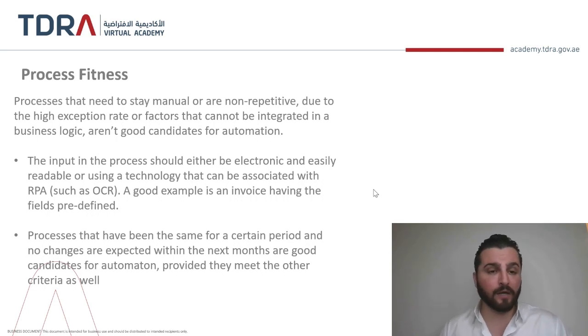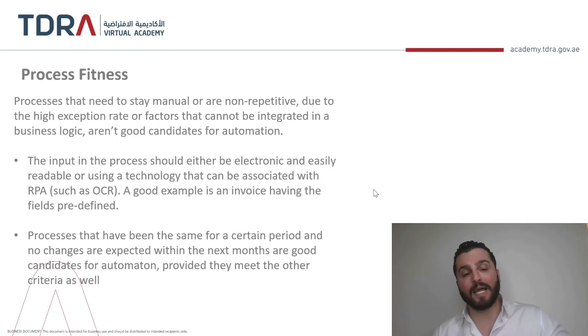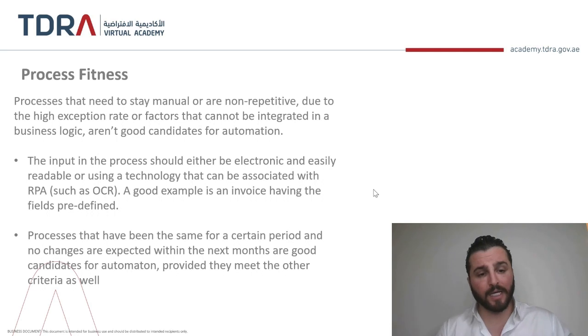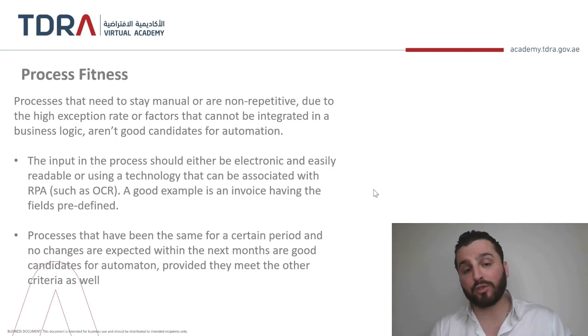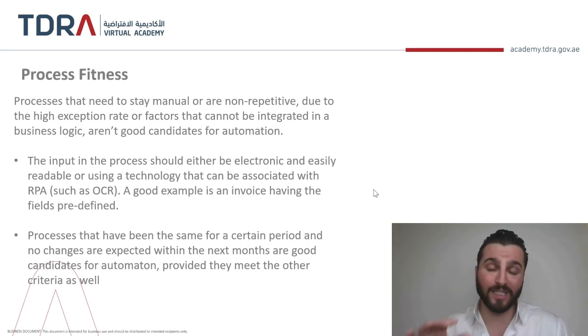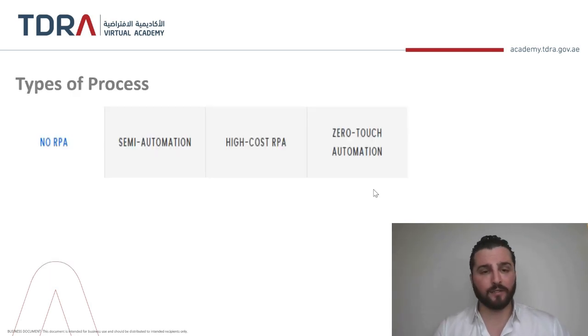For manual and non-repetitive, we need to calculate different factors: the number of inputs, how easily readable it is, whether the process has no changes, and doesn't have many exceptions. These are very important factors that need to be considered for this particular category.